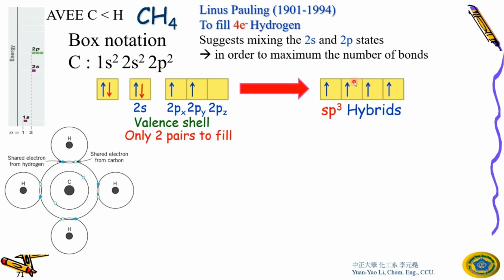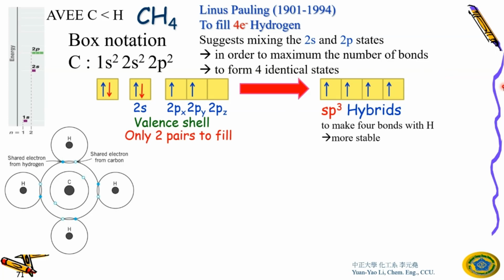In order to maximize the number of bonds, because this requires 4 bonds for hydrogen, and to form 4 identical states. So this is not an identical state, but this is 4 identical states.